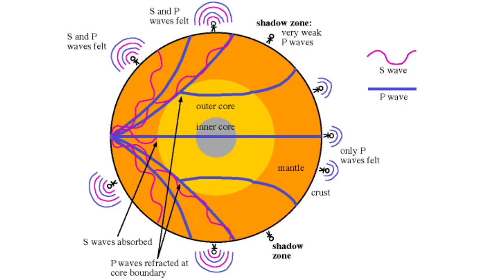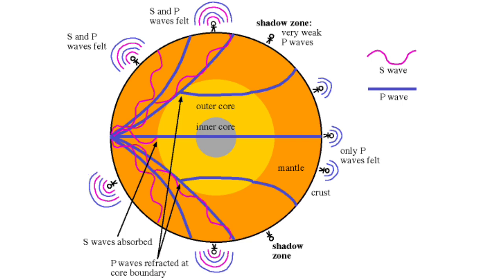Now let us learn about the interior part of the earth. Here the P waves, the blue line, originate at the focus and travel to the interior of the earth, and when they reach the outer core, the waves get refracted into some other direction.